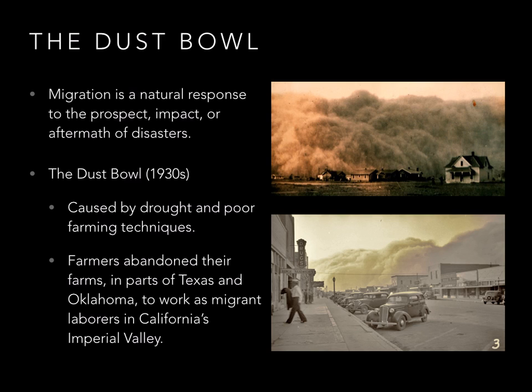Farmers abandoned their farms, especially in the panhandles of Texas and Oklahoma, and they went to work as migrant laborers in California's Imperial Valley. The people from Oklahoma were mostly referred to as Okies in California, which was not a polite thing to call someone.